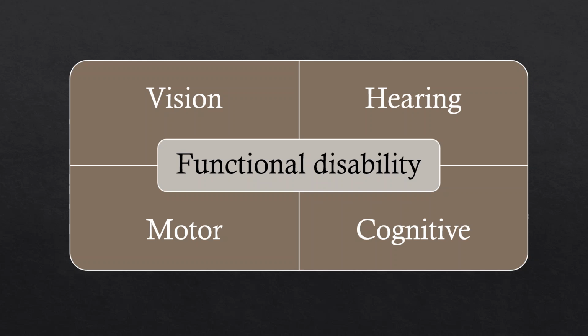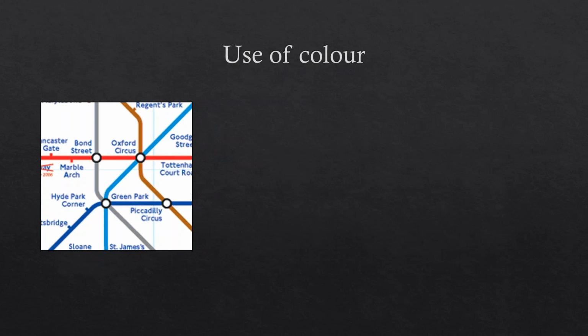So I'm just going to look through some typical issues that might affect some of these areas of disability and some of the solutions that exist for them. Now, use of colour. If we start off looking at vision, use of colour might affect people with reduced vision or people with colour blindness. Here's a very common example. If you've ever used the London Underground, you'll see the maps everywhere are heavily reliant on colour.